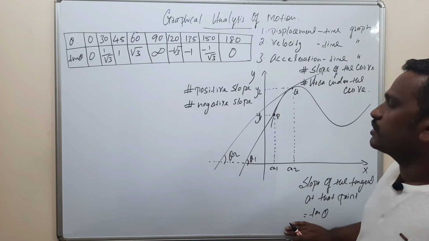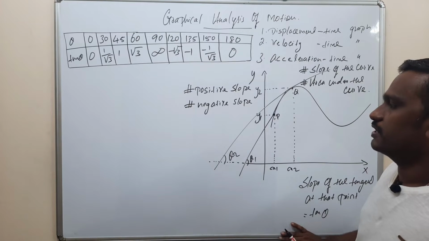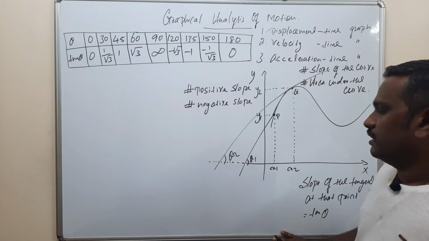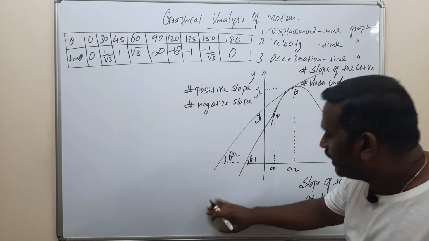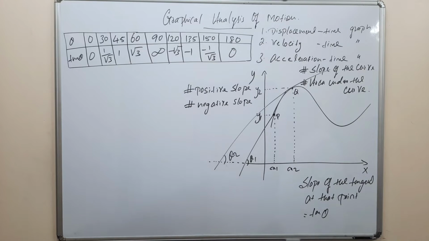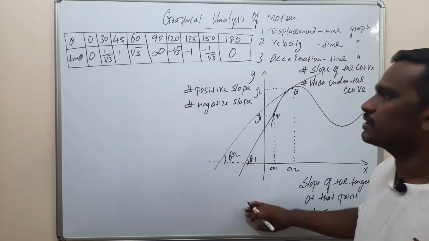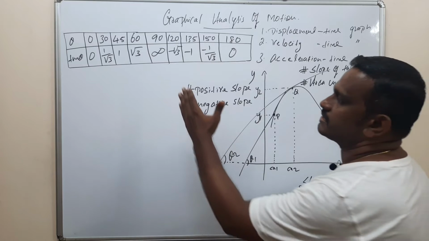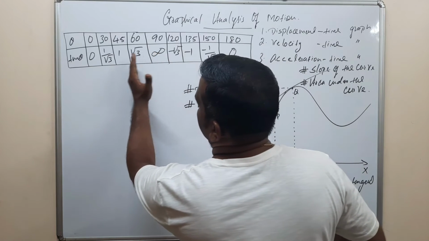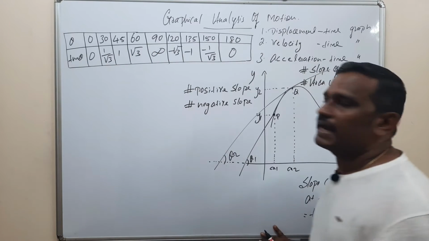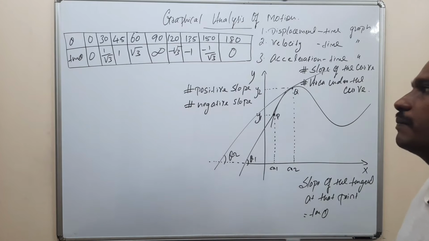So what is positive slope and what is negative slope? If the angle made by the tangent with the horizontal x-axis is below 90 degree, so less than 90 degree, it means positive slope.